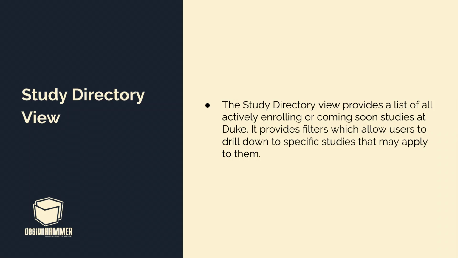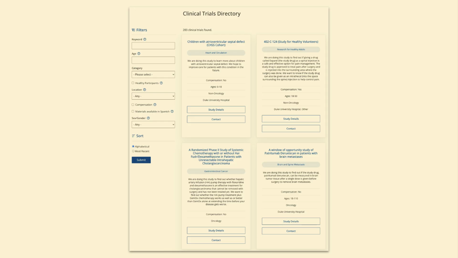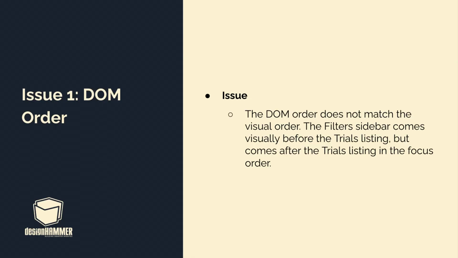So there's an age filter. Does the study provide compensation? Where is the study location? Because Duke has a whole network of hospitals. It looks like that, a card-based format. You've got some calls to action, passes contrast and everything, right? Right, we're good, we're done, right?